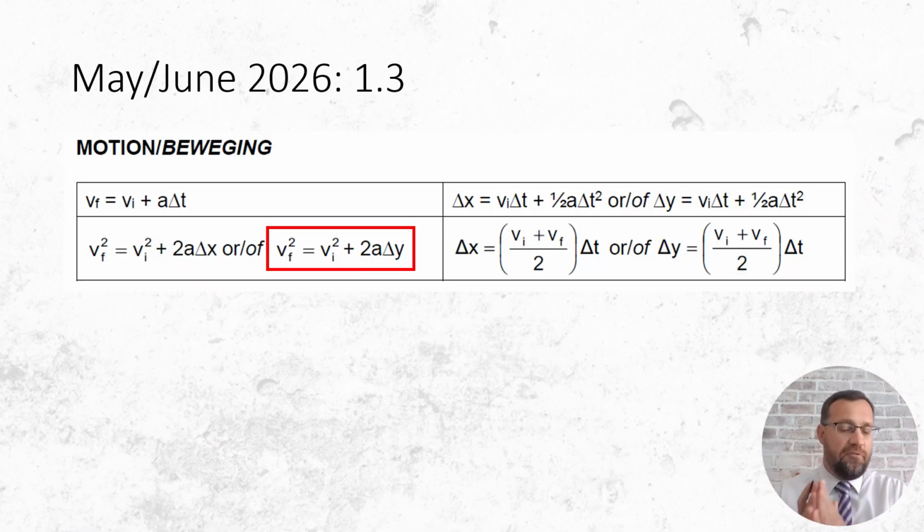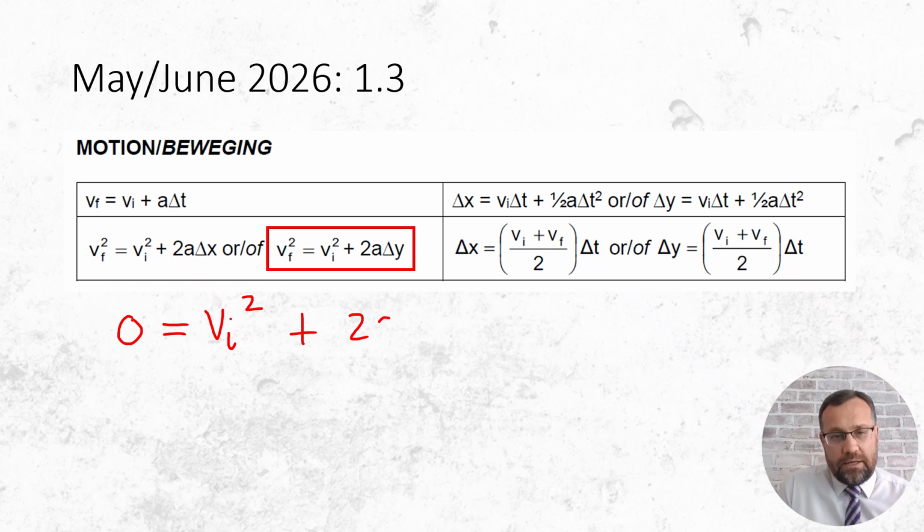We are dealing with vertical projectile motion, so we use the equation from the formula sheet. At the maximum height, the final velocity is equal to 0. The object comes to a standstill. So we can rewrite that as 0 equals the initial velocity squared plus 2a delta y. Now, for this question, let's take upwards as the positive direction.